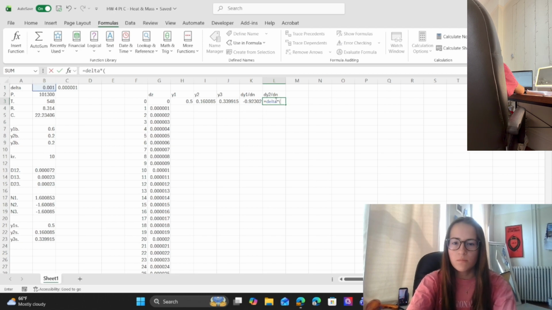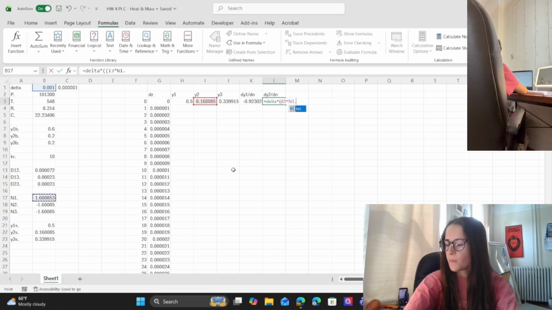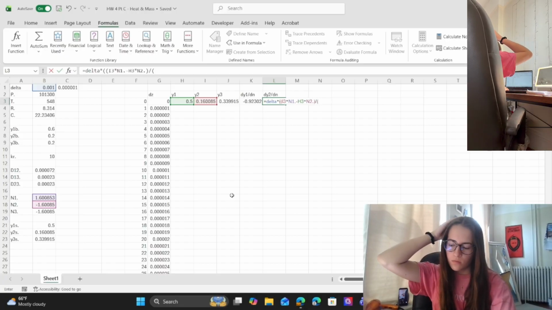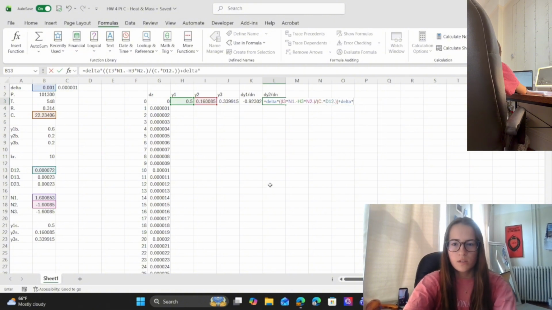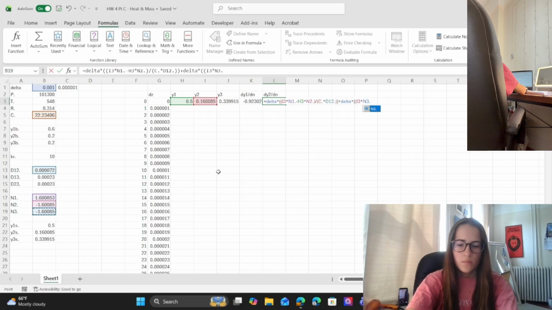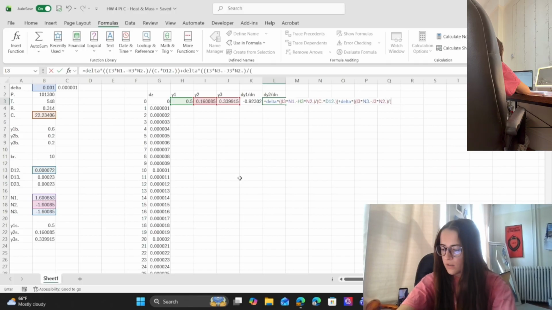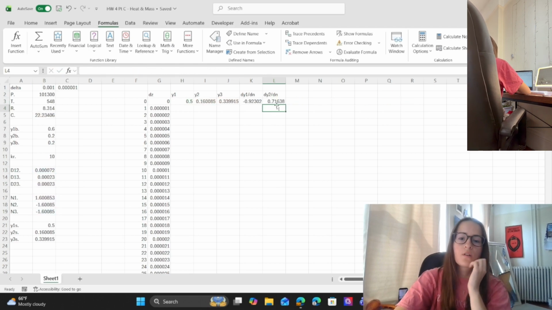So once again, we have delta times y2 times n1 minus y1 times n2, divided by concentration times D21, which is the same as D12, plus delta times y2 times n3 minus y3 times n2, divided by concentration times D23. And there's our value for that.